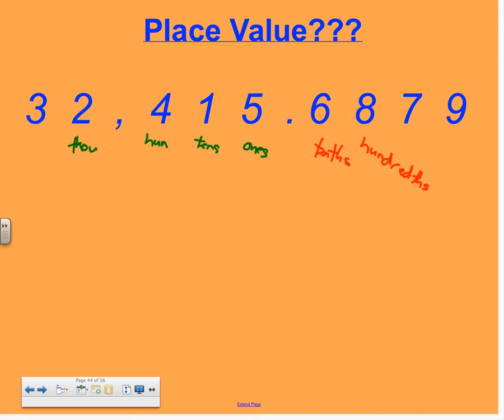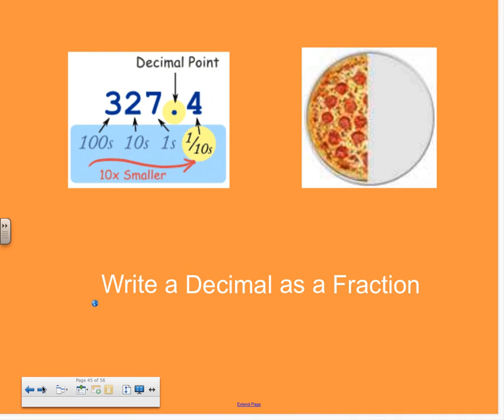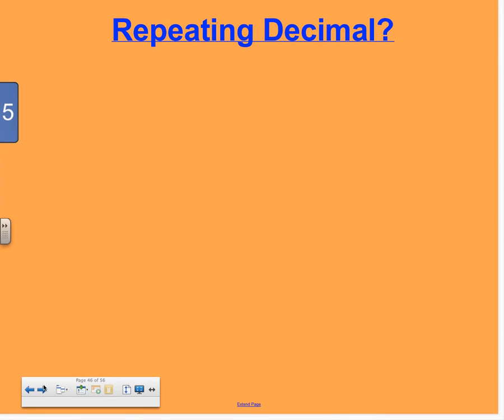Now, here's the most tricky one, but if you bear with me, I'll show you the trick. What if they give you a repeating decimal? If you take a look at example 5, for example, what if they say, I want you to write 0.5 repeating as a fraction?